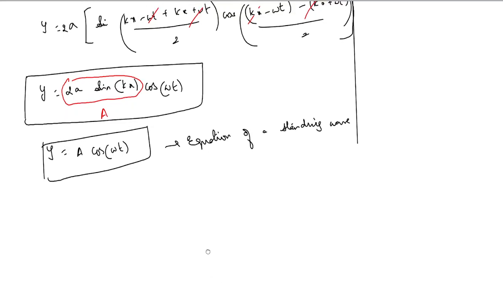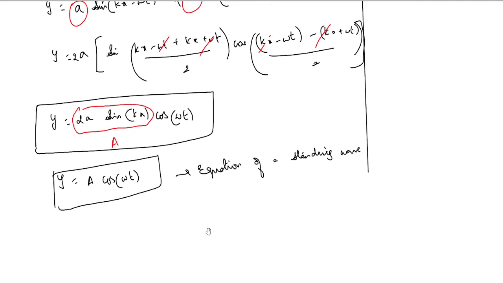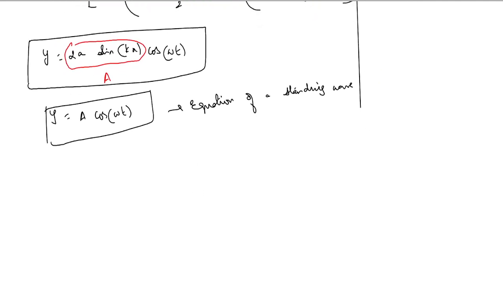For each wave, if you had individual waves, they had the same amplitude, which was a, and then a, which means if you had only one wave moving, then every particle in that wave will have the same amplitude. But here the amplitude itself is a function of distance, because A is equal to 2a into sin kx. Now keep in mind that this represents a simple harmonic form.